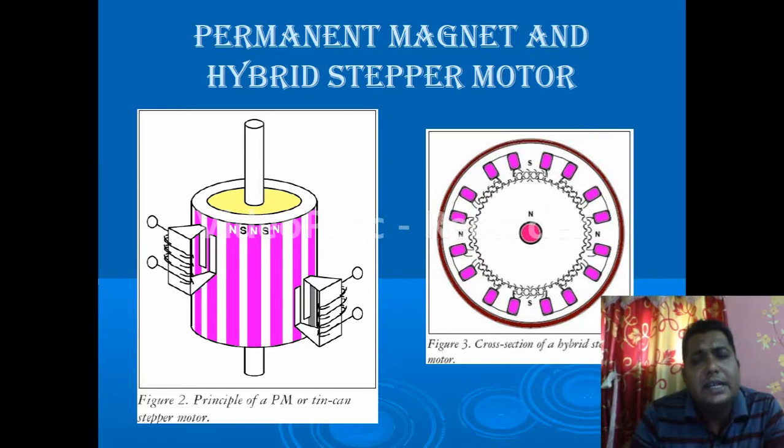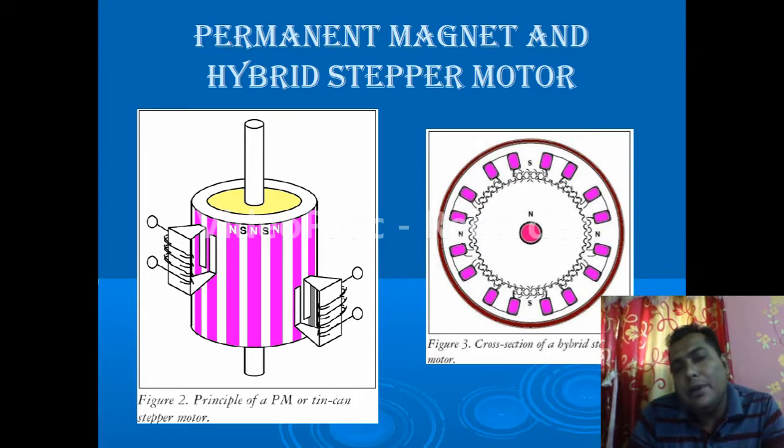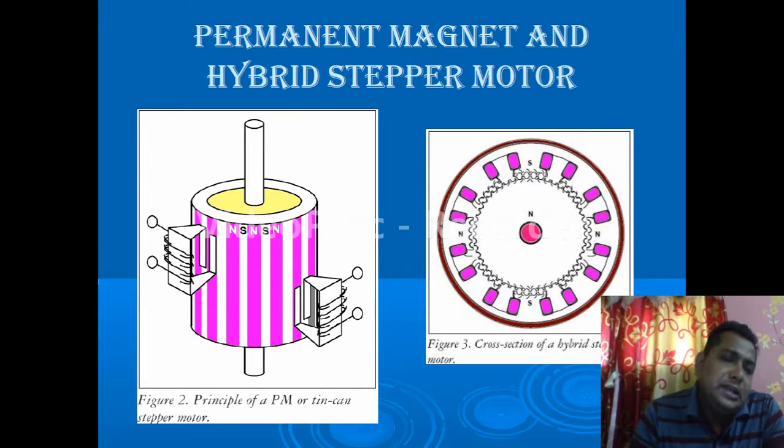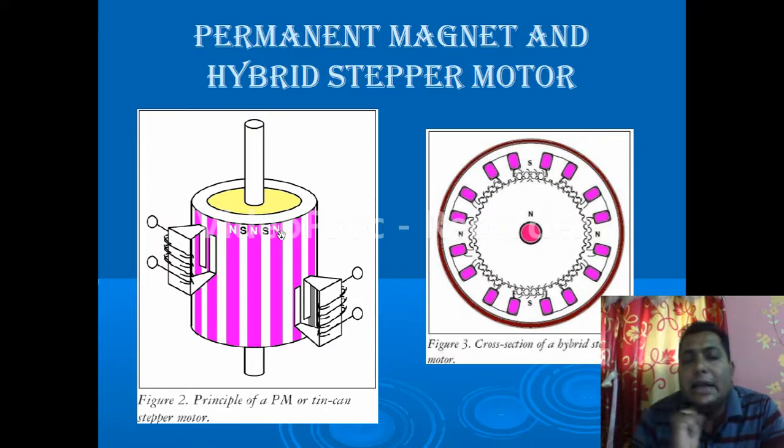Very interestingly, how the permanent magnet stepper motor works is that, as you can see in the left hand side picture, there is a rotor section, and over the rotor, follow my pointer, there is a north pole, south pole, north pole, south pole, north pole. In this way permanent magnets are placed over there.